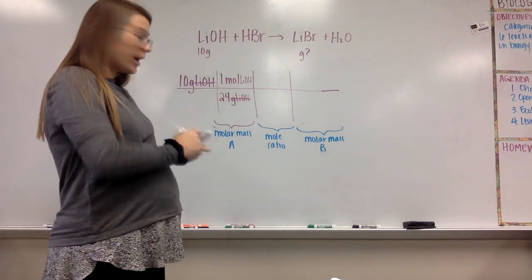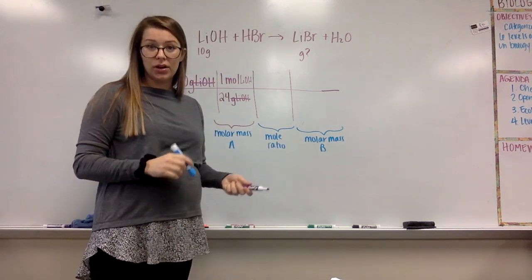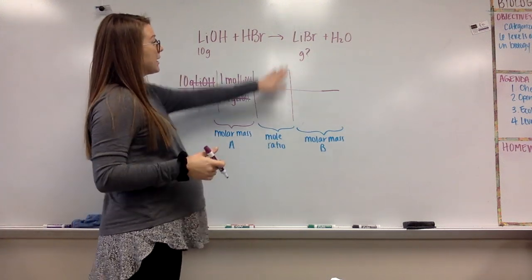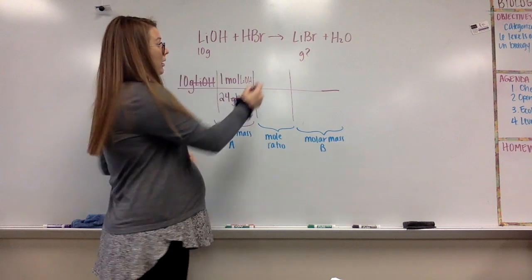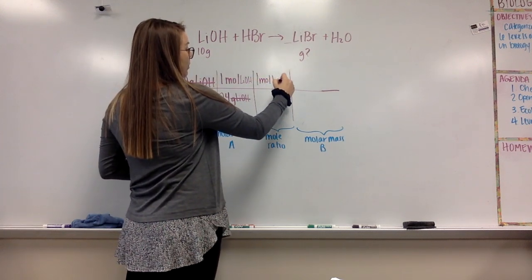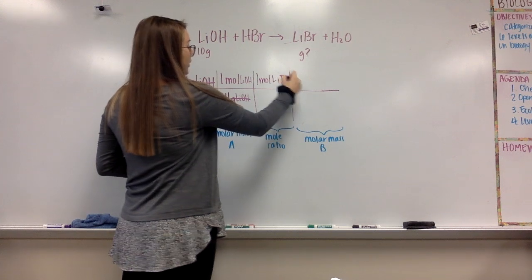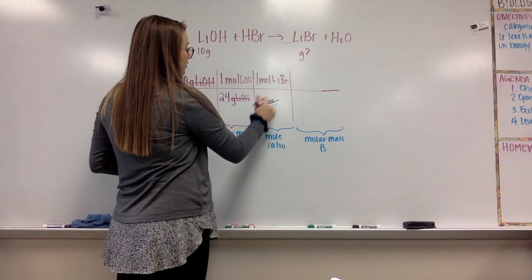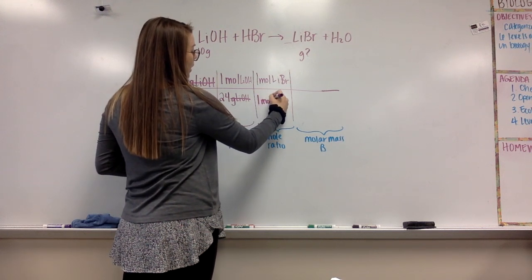Now, this follows your arrows on your mole wheel, okay? So, since we are trying to get to lithium bromide, my 1 mole of lithium bromide goes on top, and my 1 mole of lithium hydroxide goes on bottom.